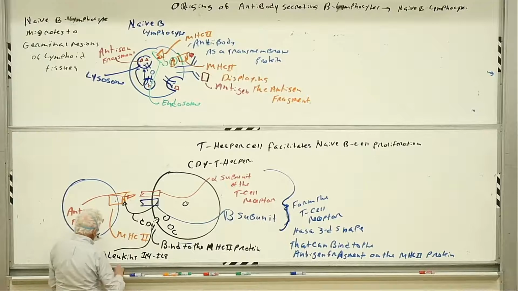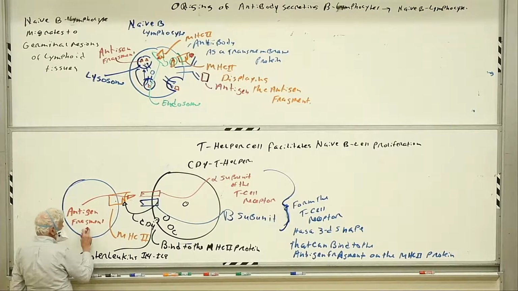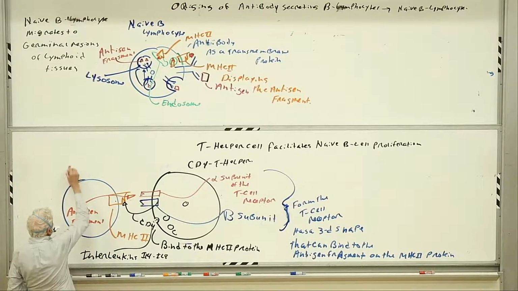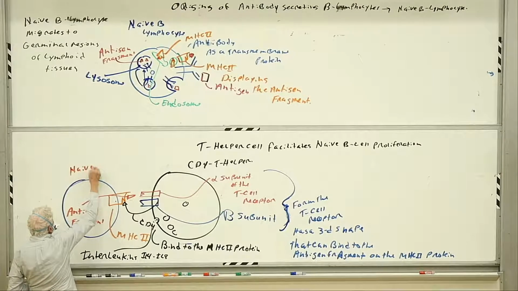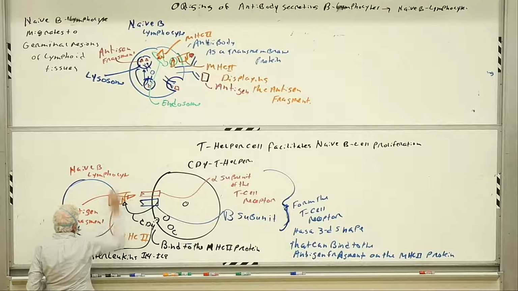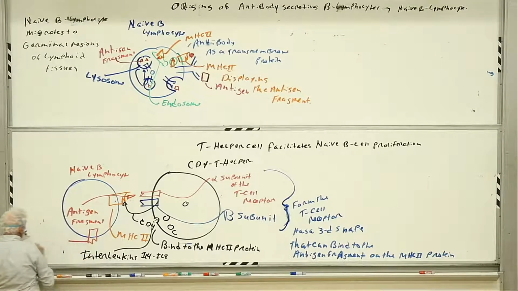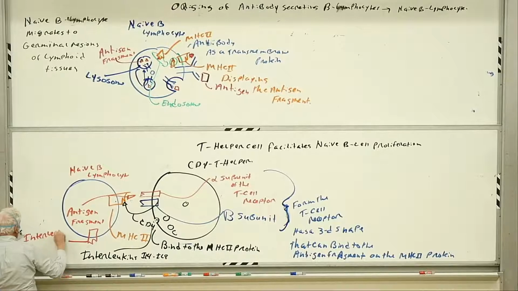Then on this naive B lymphocyte, remember this is the naive B lymphocyte, there are transmembrane proteins here as well, and these now are interleukin receptors.